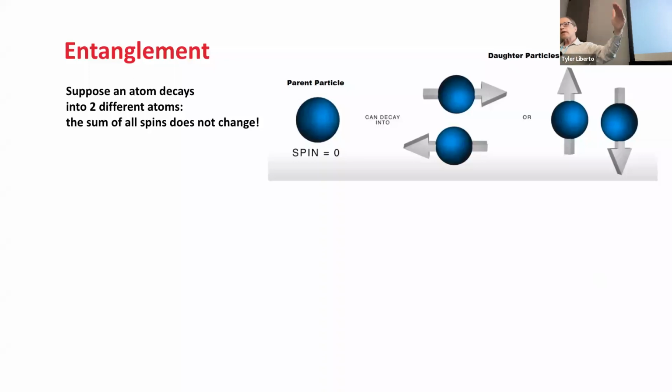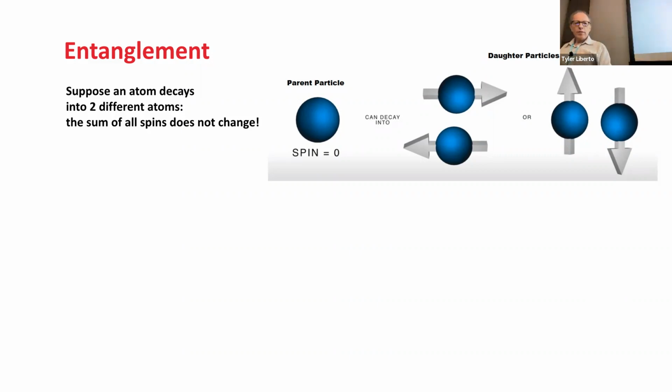Then if one particle, or one fraction of the particle that decays, has the spin in the right direction, then the other one must have it in the left direction. Why? Because the sum of it has to be 0, as it was in the beginning. Or they could show up and down, but they have to be in opposite directions.